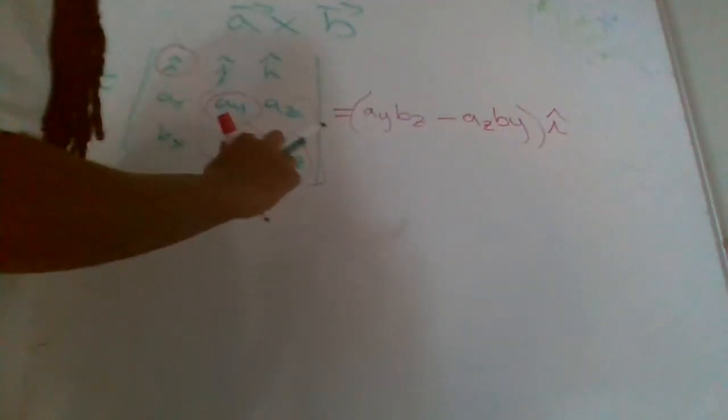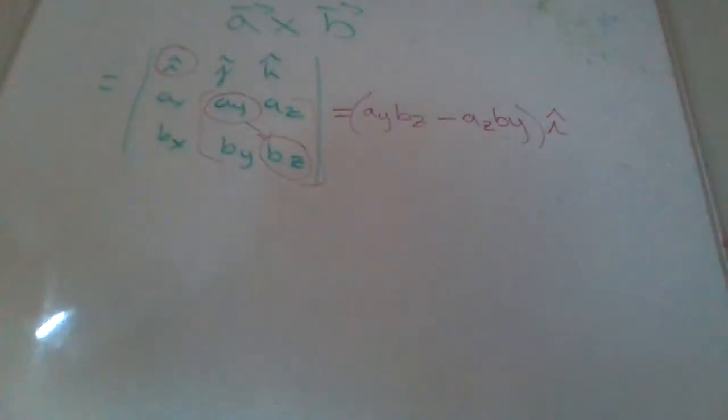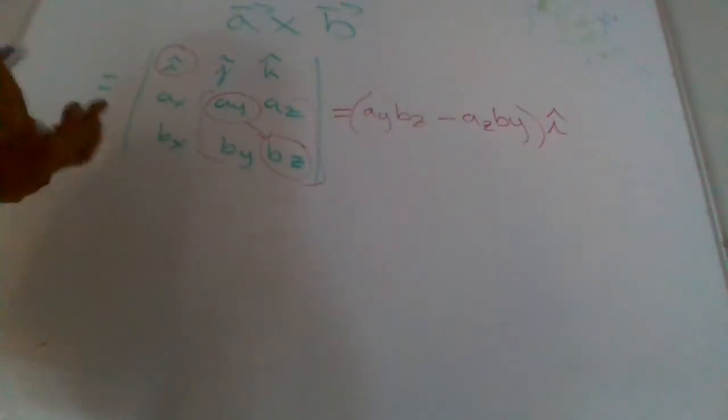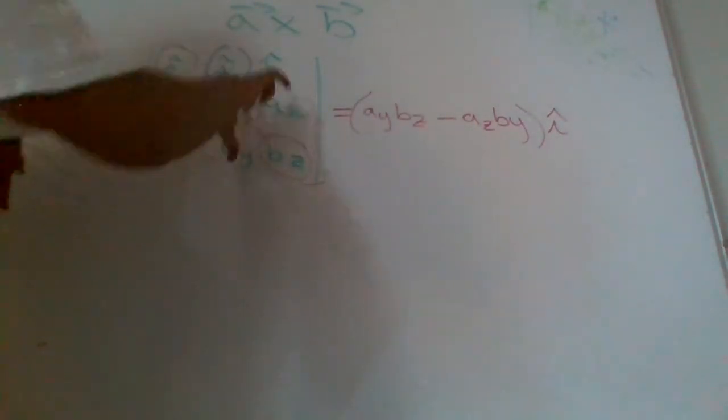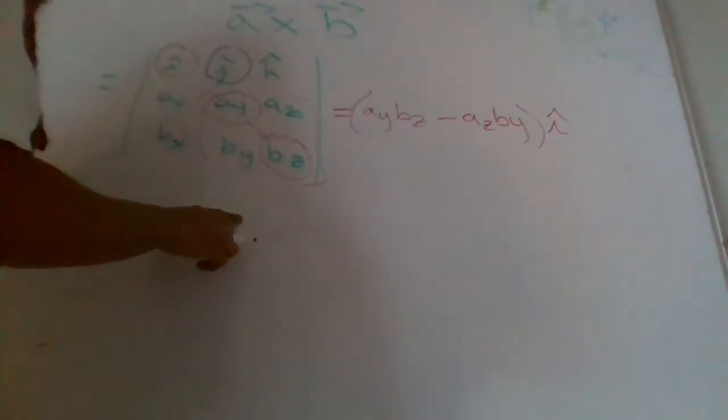Now for the next term, should I use a different color? We're going to take this J hat here, and we're going to remove the terms that are also in this row and in this column, and we're going to set up a new matrix.